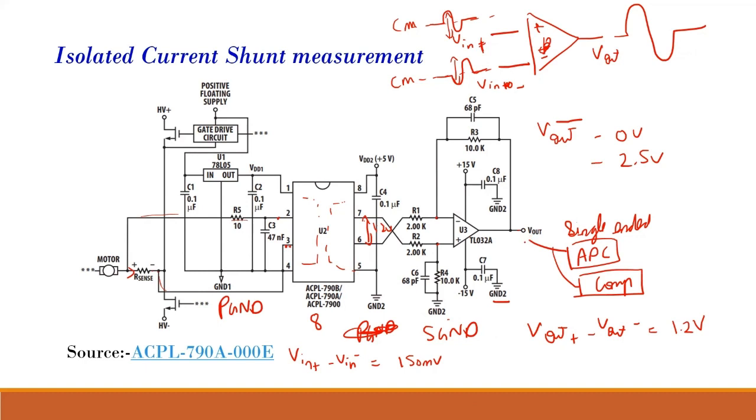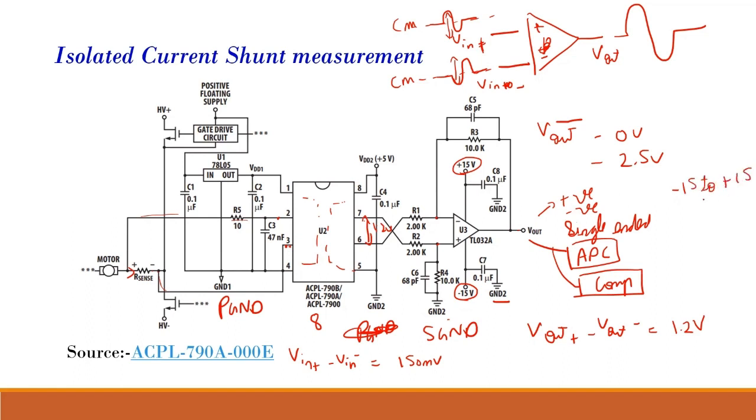I may be wrong, but I think you are assuming that V output should only be positive. V output can also be negative, because the op-amp has minus 15 volt and plus 15 volt. So my output can lie between minus 15 and plus 15.